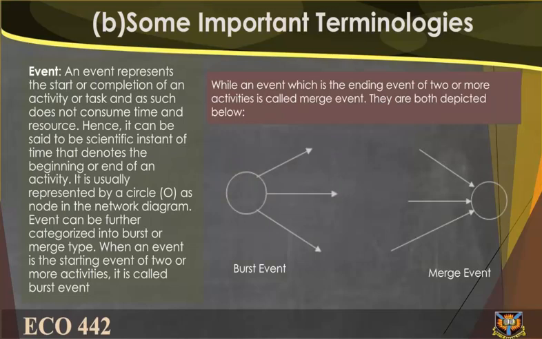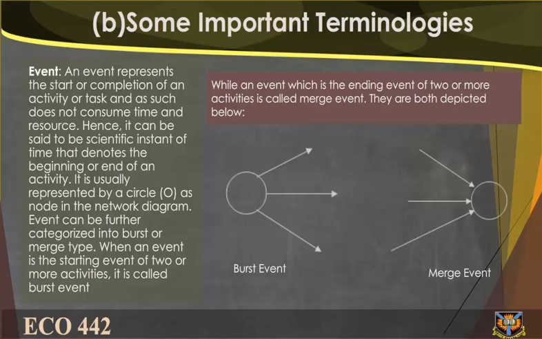Event. An event represents the start or completion of an activity or task and as such does not consume time and resource. Hence, it can be said to be a specific instant of time that denotes the beginning or end of an activity. It is usually represented by a circle, as noted in the network diagram.